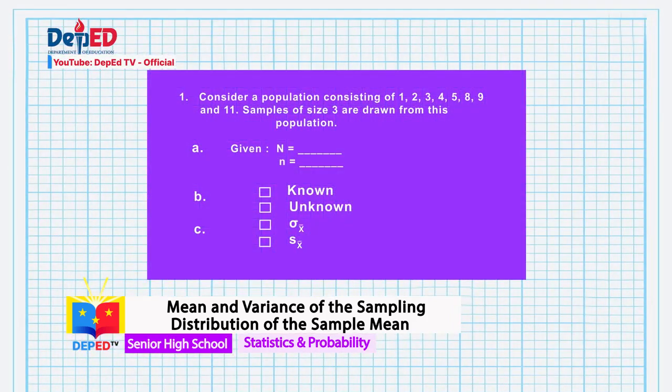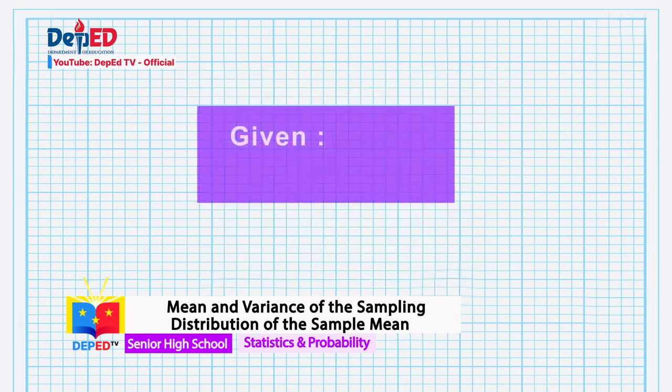Let's start. First item. Consider a population consisting of 1, 2, 3, 4, 5, 8, 9, and 11. Samples of size 3 are drawn from this population. If your answer is the size of the population is 8 and the size of the sample is 3, then your answer is correct.